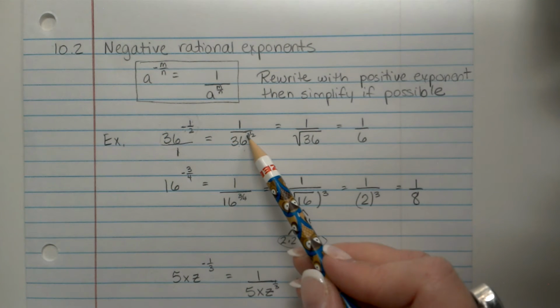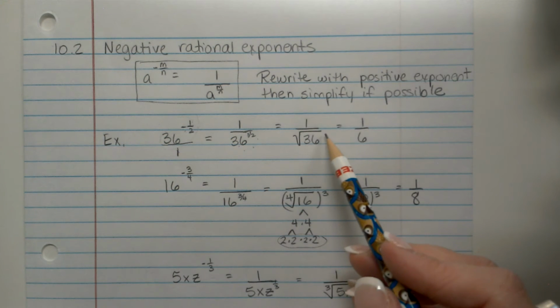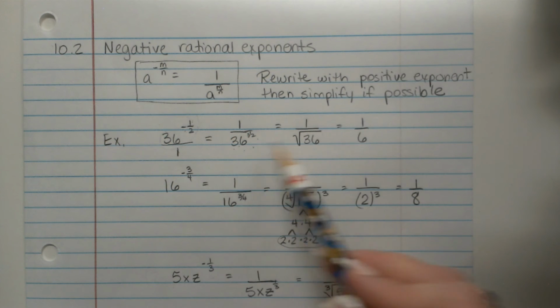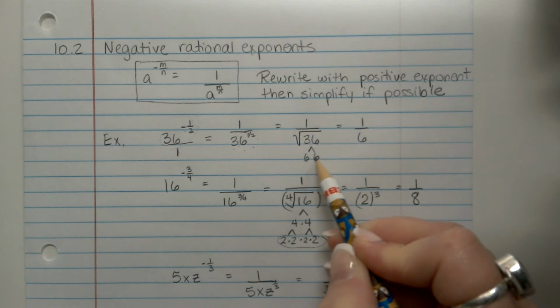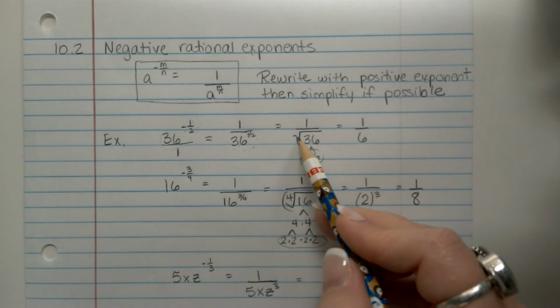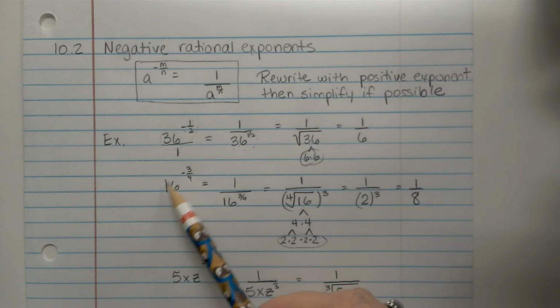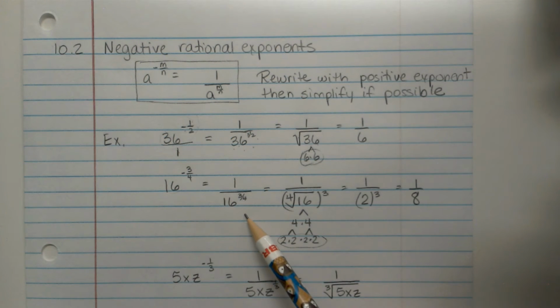Now I can say 36 to the 1 power and to the square root. Well, 36 to the 1 power is the same as 36, so I just need the square root of 36. It's still in the denominator. And since 6 times 6 is 36, and I'm looking for sets of 2 because this is the square root, that's what I get. Once again, I'm going to take this, look at the negative, and say, ooh, I'm going to flip it. 3 is the power, 4 is the root.